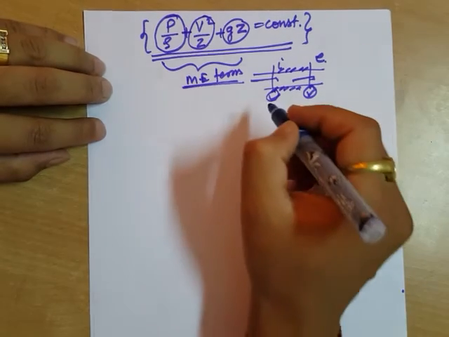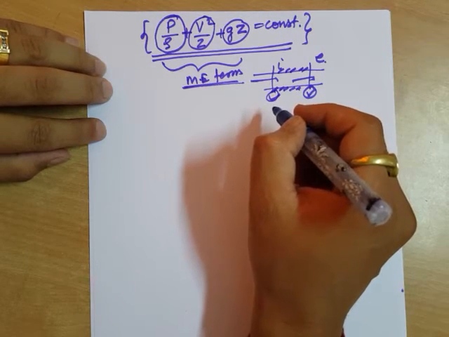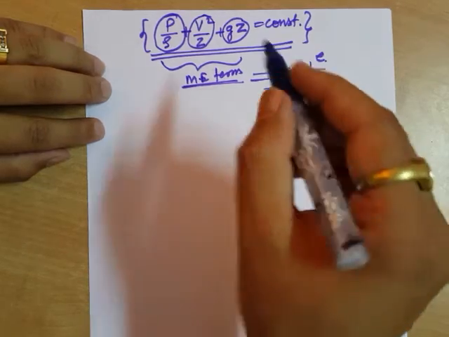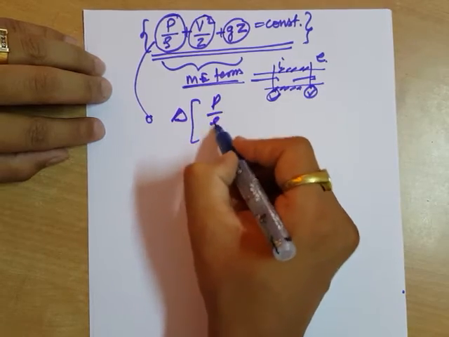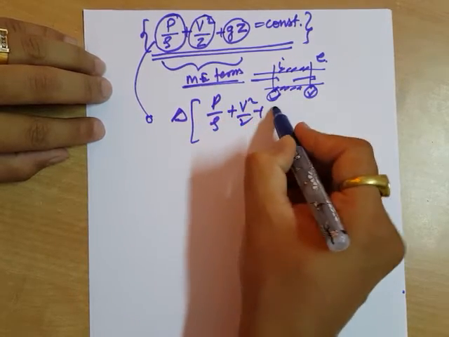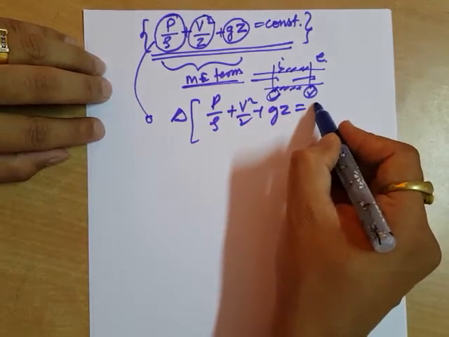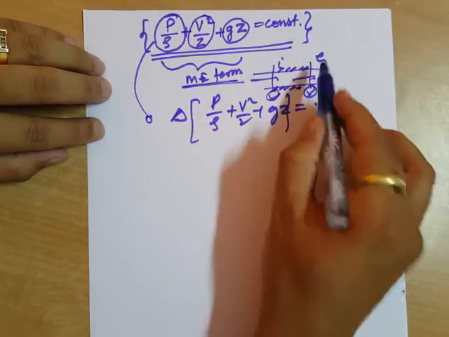But if you compare this with, okay, let us write this in differential form, in change form. So this plus v square by 2 plus gz, this will be what? Constant, zero.